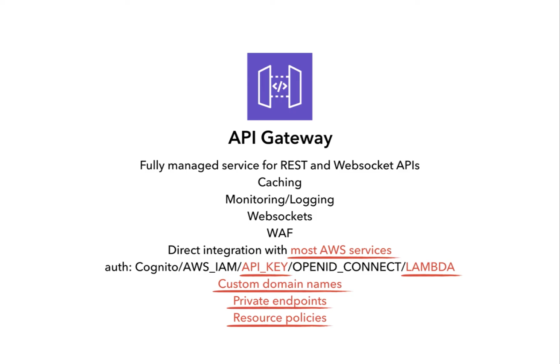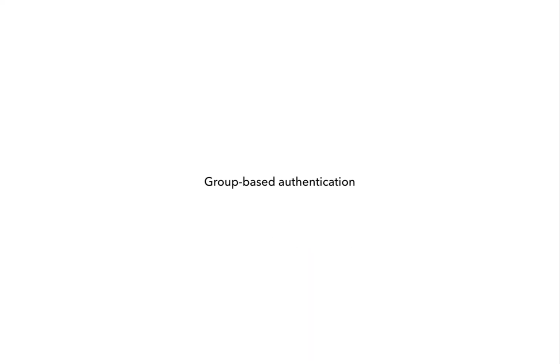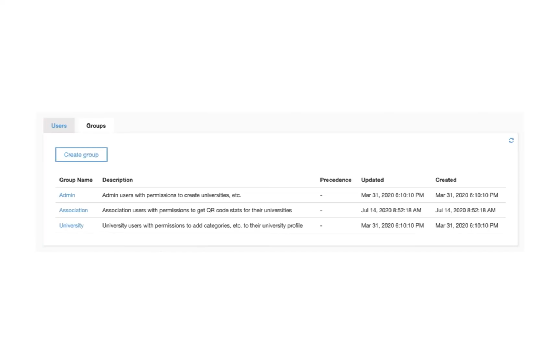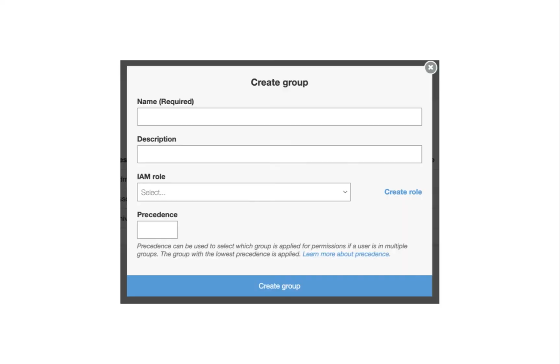But there are a couple of things that AppSync does significantly better than API Gateway. For example, if you need to implement group-based authentication, where you need to model different access levels, for example, admin users can do everything, but other users have read-only access. Within Cognito, you can create groups and put users into those groups, and you can also associate each group with an IAM role, and a precedence value for selecting which group is applied for permissions if a user is in multiple groups.